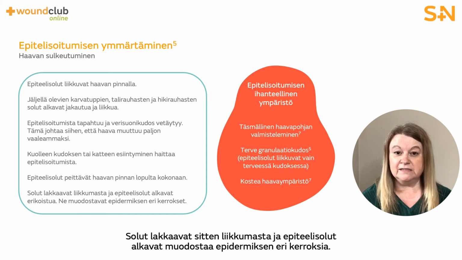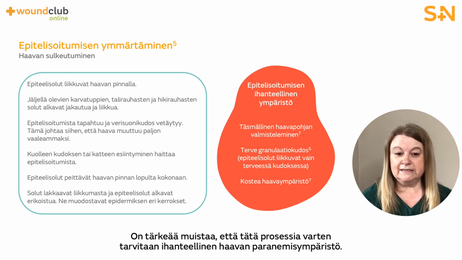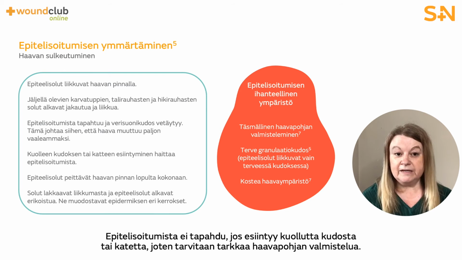Cell migration then stops, and the epithelial cells will begin to form the many layers of the epidermis. It is important to remember that an optimal wound healing environment is needed for this process. Epithelialization will not take place where there is necrotic tissue or slough present, so accurate wound bed preparation would need to take place.